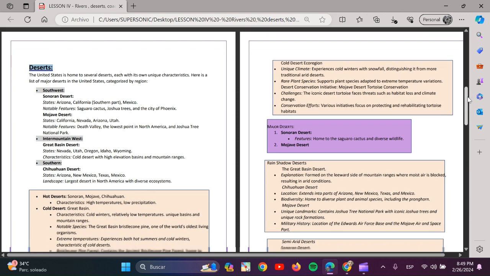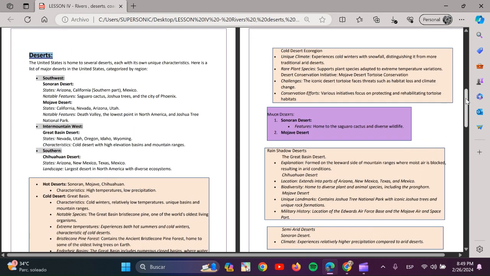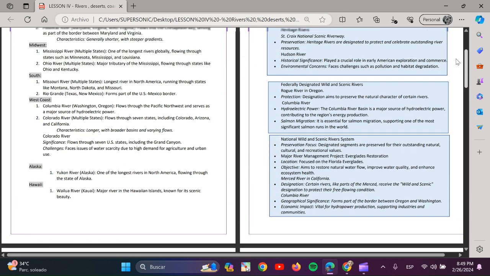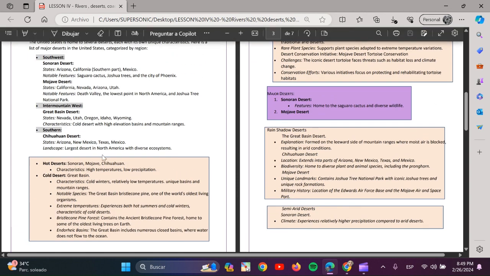And you notice here we have another kind of classification, and this time it is colors. Rivers, sky blue, and desert could be a kind of orange.